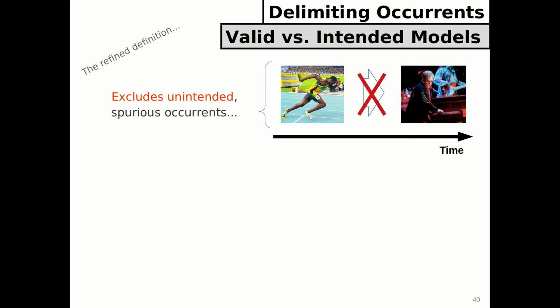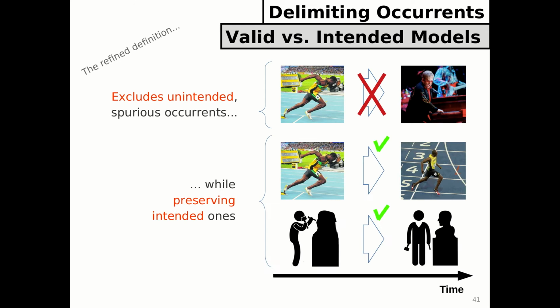This refined definition of occurrent can help us to approximate the set of valid models to the set of intended models. The definition excludes unintended occurrents, like the one involving Usain Bolt and Elton John, since the ontological substrate that constitutes Usain Bolt is not present in both situations, and the same for the substrate that constitutes Elton John.